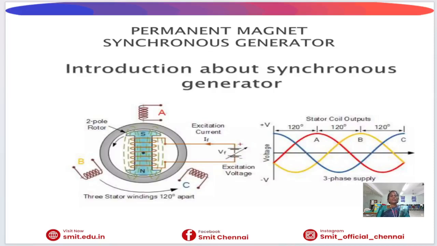The magnetic field can be produced either by permanent magnets or by electromagnets supplied with DC excitation. As the rotor rotates, its magnetic field cuts the stator conductors, inducing three-phase AC voltage according to Faraday's law of electromagnetic induction.